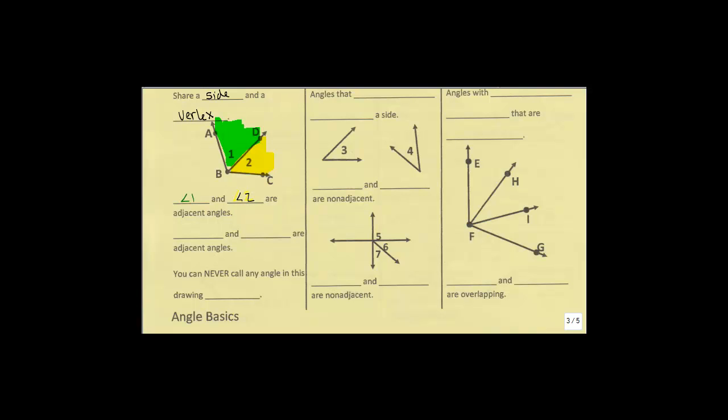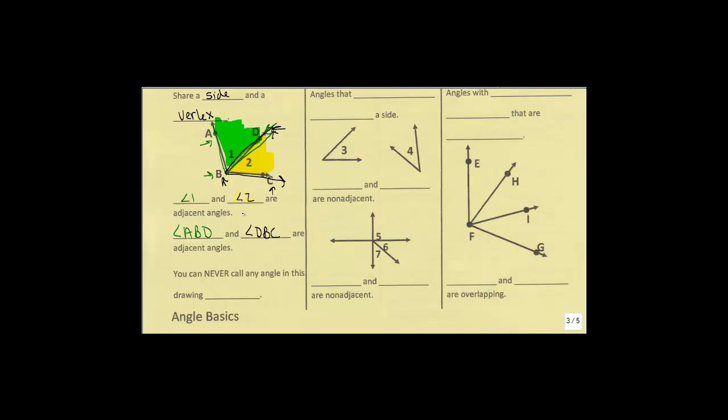I just want you to know which one I'm talking about. And then you can also name them by the letters. And so this is angle ABD, because whenever you would draw it, you would go through A, hit B, and go through D. So angle ABD. Then there is also angle DBC. So DBC.